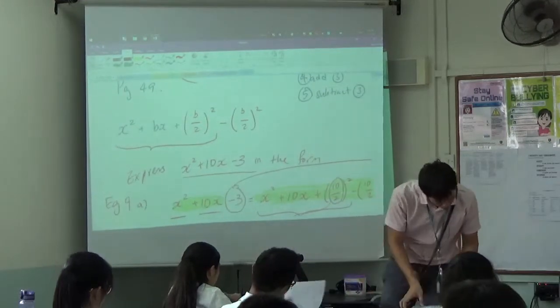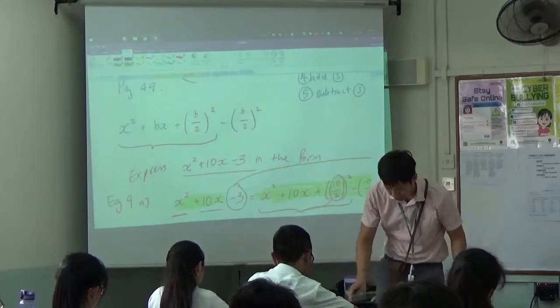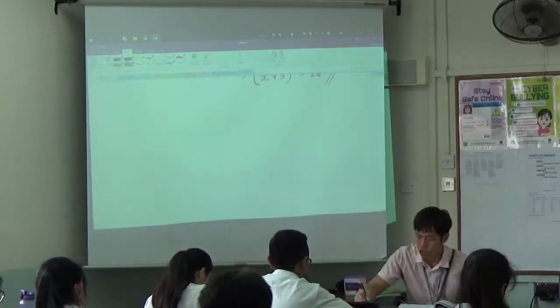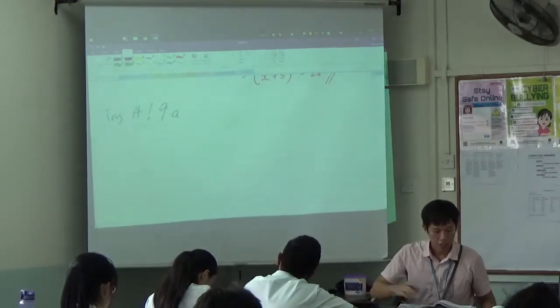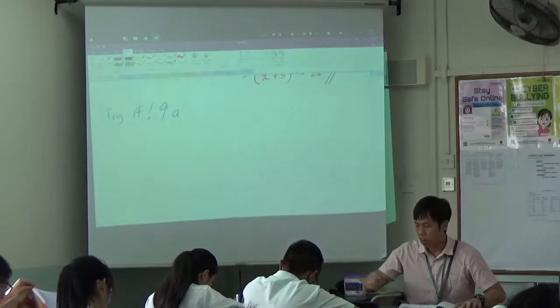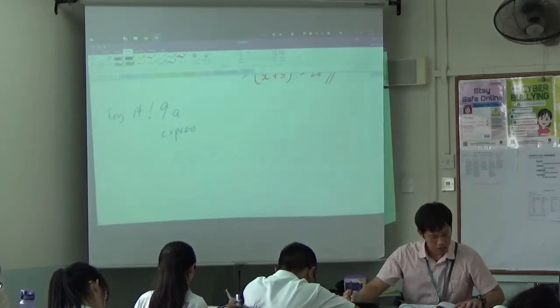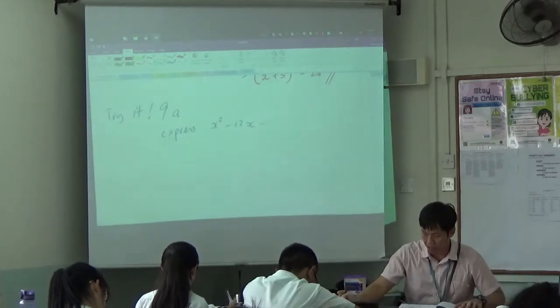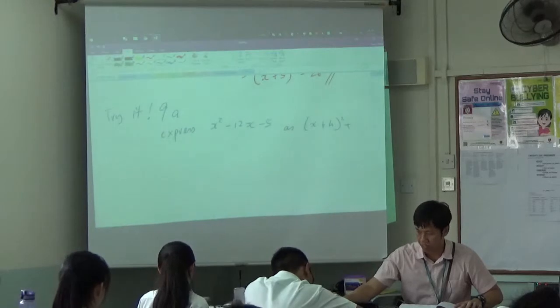Try it 9, 8. Express x squared minus 12x minus 5 in the form x plus h squared plus k.